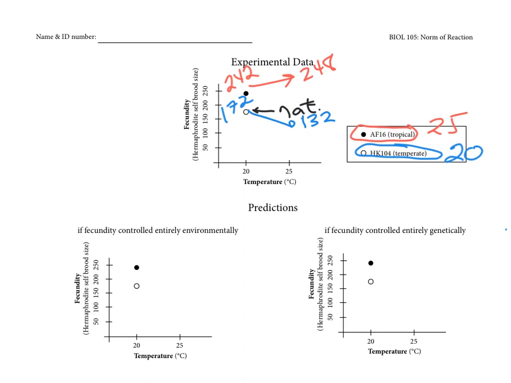Okay. So what do you think would happen if we grew these strains at a yet cooler temperature than 20 degrees? That's not on here. Let's say we were looking at 15 degrees. The HK one or both?